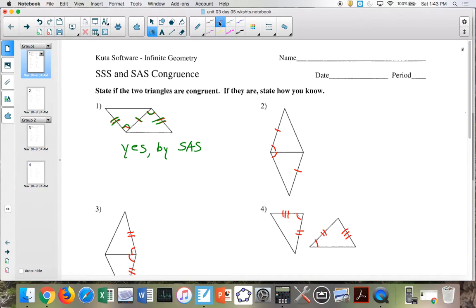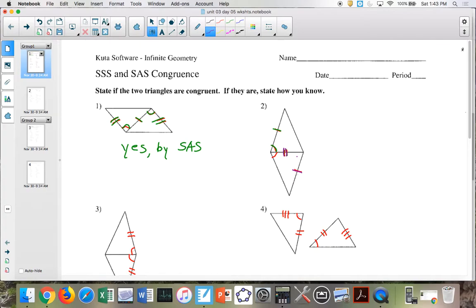Look at the next picture. Same thing here. These triangles share a side which we know is congruent to itself. So in the top triangle we have one side, then an angle, and then another side. In the bottom triangle, we have a side. Oh, but wait a minute, we don't have that angle, and then we have the other side.